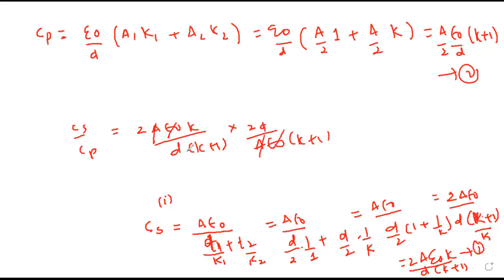A epsilon naught cancels, D cancels. So it becomes 4K upon K plus 1 the whole square. This is the required answer: 4K upon (K plus 1) squared.